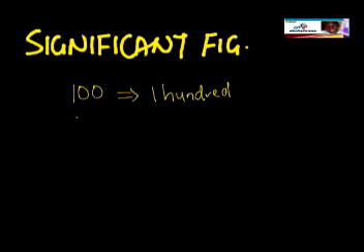Now, if I take away one of the zeros, it becomes 10. You see, it has affected the number, to a single 10. So this zero is important for this number to be called 100.